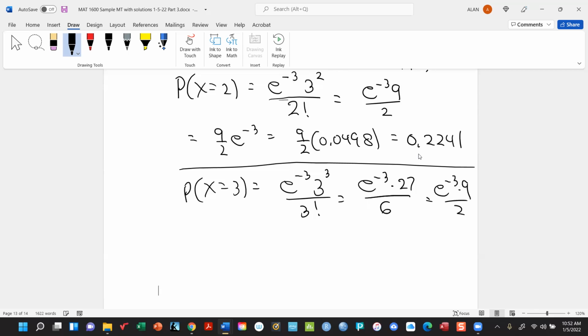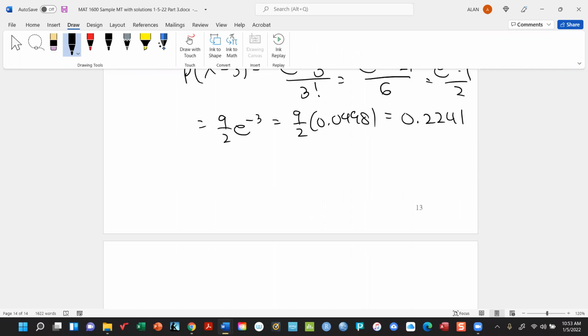So it's the same number. How do you like that? It does happen with Poisson sometimes. You get 2 values of x that have the same probability. It's not that unusual. So when we're done, look how easy this becomes.